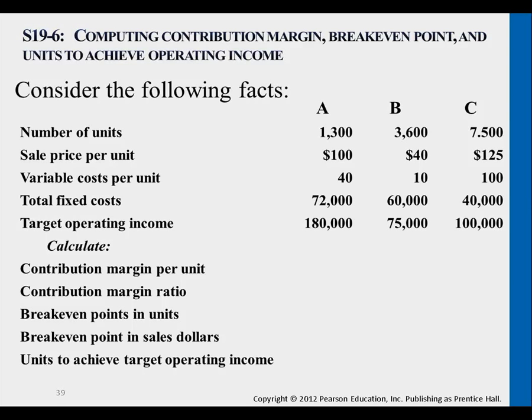What is the last one? How did you get the last one? First, is this clear? Take it as a yes. What is the number here? You add the total cost and the target operating income, and then divide that by the contribution margin. Okay, and how much did you get? For A, I got 4,200. That's right. It is 4,200.